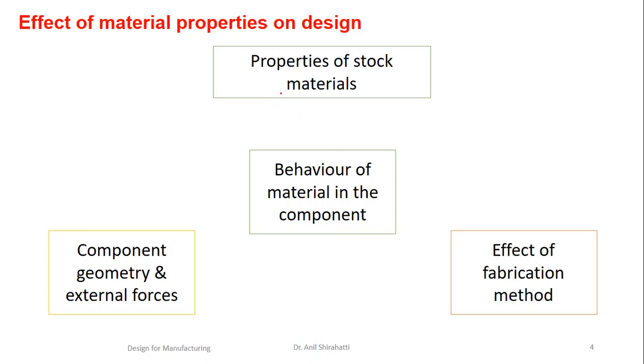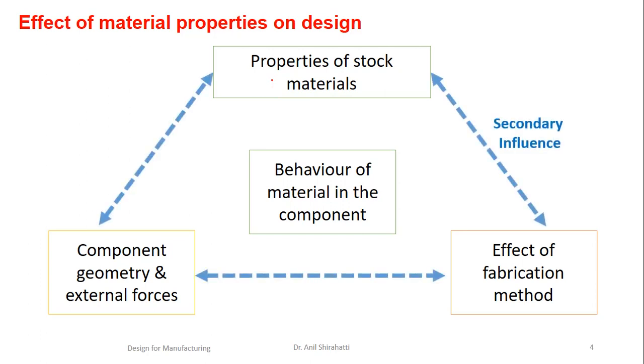So if I see the relationship between the properties of material in the stock, or the geometry, or the fabrication point, it will have secondary influence. But if I see their behavior in the case of a direct component, they will have direct influence.